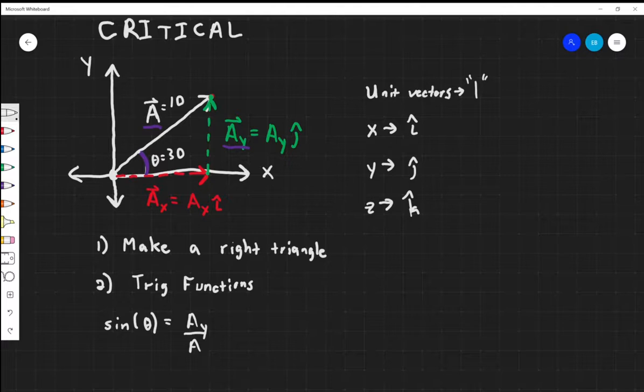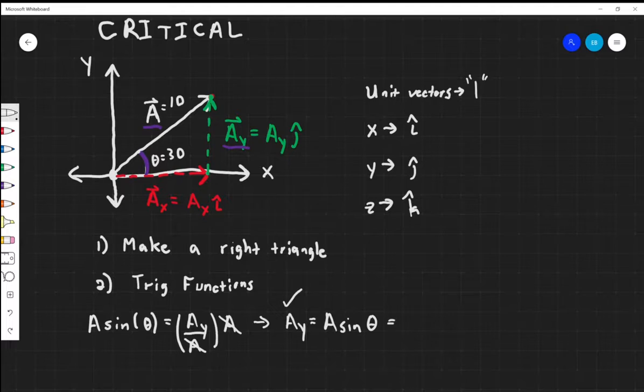And I could do a little bit of algebra on this, right? I can multiply both sides by A to get Ay by itself. I get rid of the A's on the right-hand side, and I am left with Ay is equal to A times sine of theta. So now I know how much of A is going in the y direction.